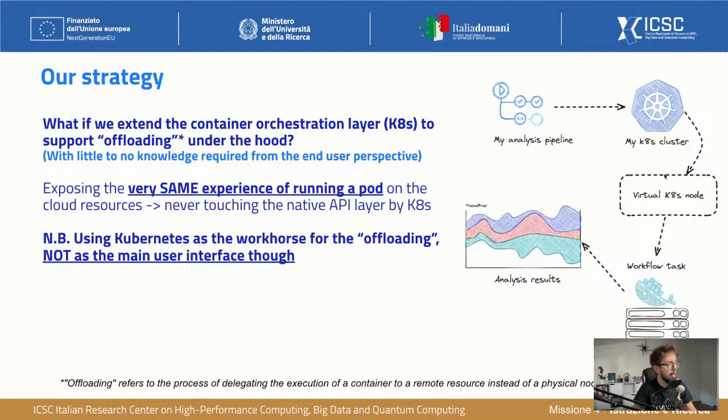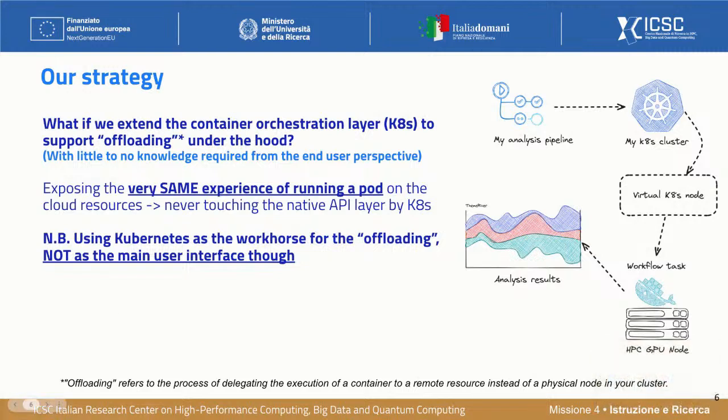At this level the magic happens, because the pod execution request is translated into something else that allows talking with a remote site, which might be a GPU node on an HPC center, so on a supercomputer, calculate my results and get back to the user.